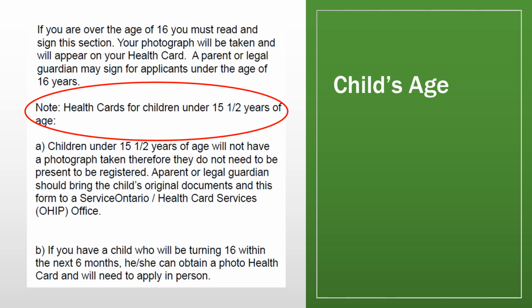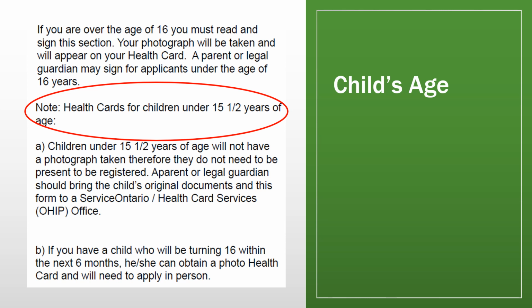It's because if your child is or will turn 16 at the time you are going to apply for OHIP, please make it a point to tell the OHIP officer your child's age, that she is 15 and a half or more, or already reached 15 and 6 months during the time you are applying, because if that's her age, she can already have her photo taken and she can already sign on the OHIP form.